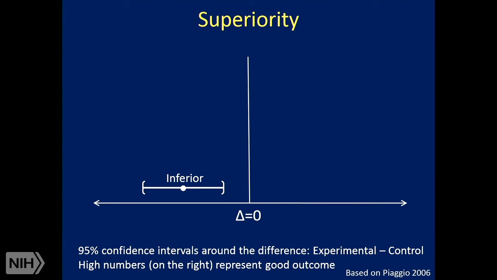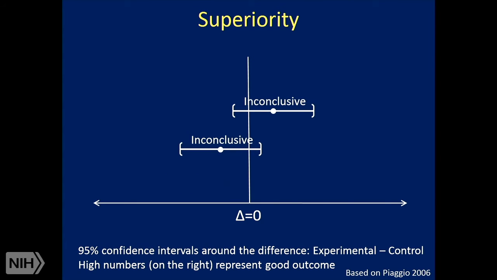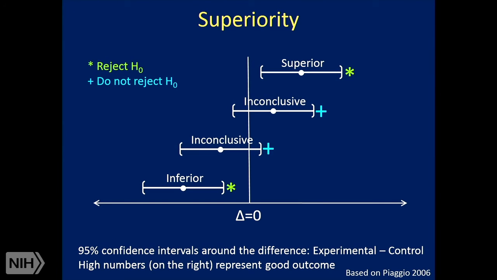I've never seen a result like that, but theoretically. And if it covers 0, then you do not reject H0. So if you're on this side, you're going to reject H0. If you're on this side, you're going to reject H0. But if it covers 0, you do not reject H0. That's the conclusion.